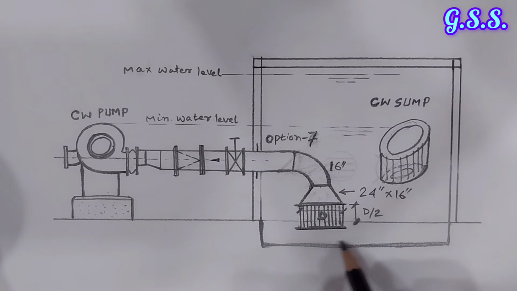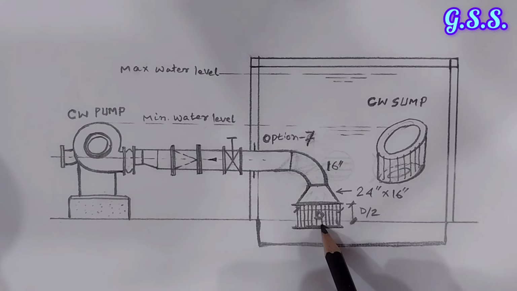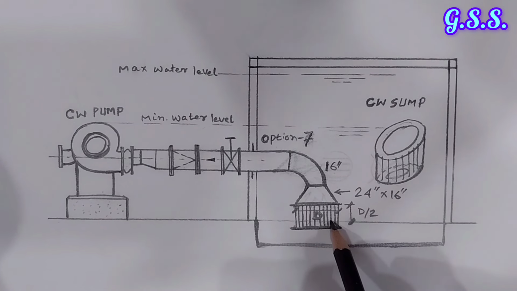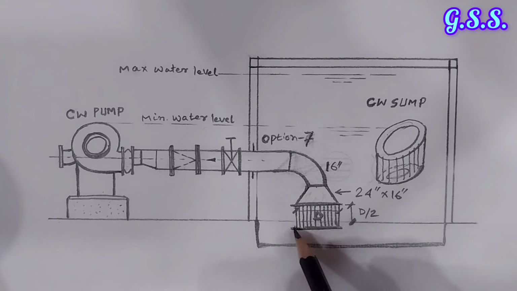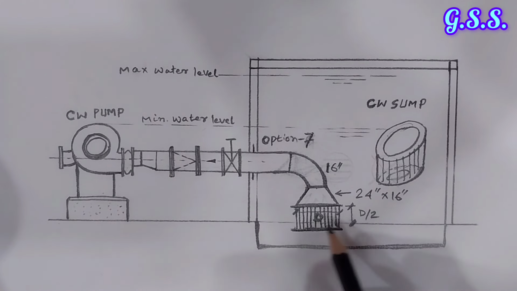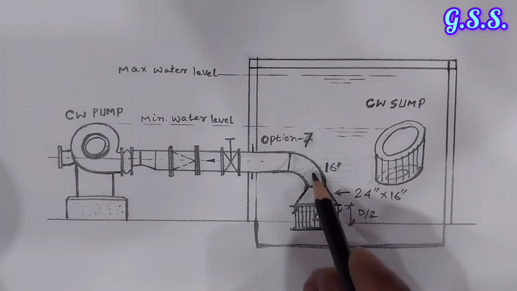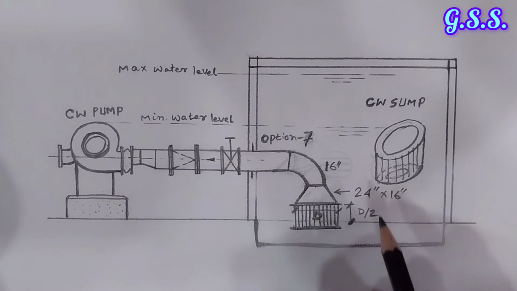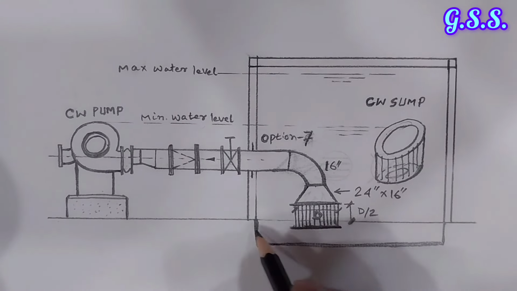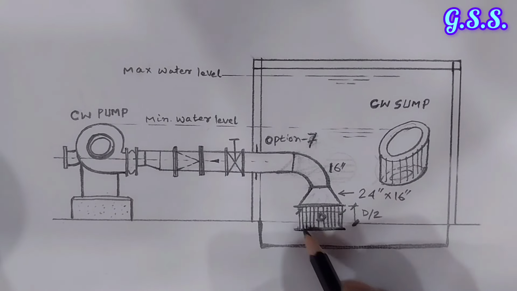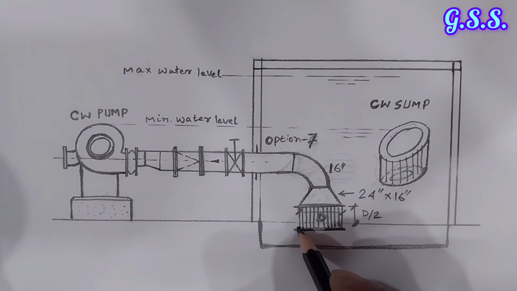In this configuration, this will act as a strainer as well as a vortex breaker, so that no debris or leaf or larger size debris will be able to go to pump suction. But in that case, more sump depth will be required to accommodate it. Height of this strainer will be about 350 millimeter.